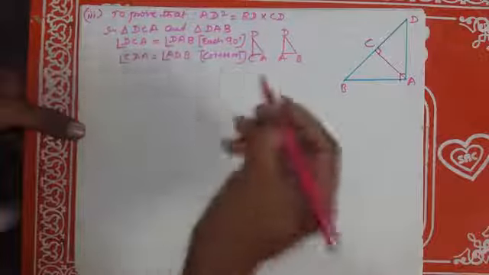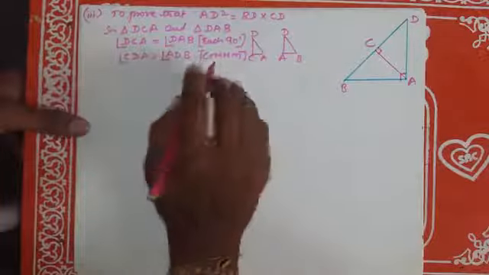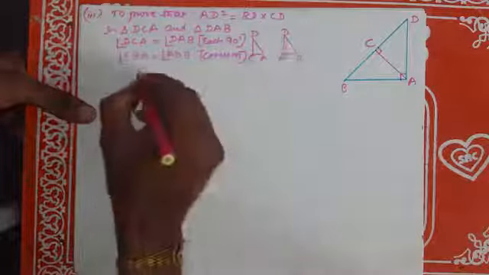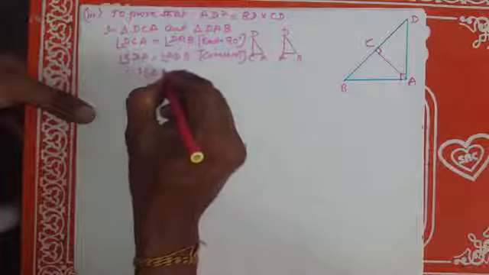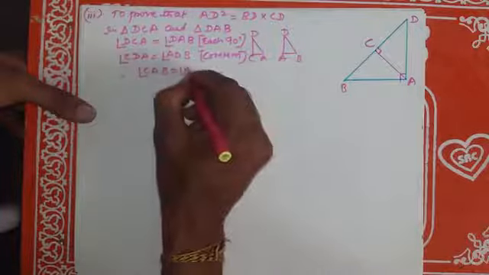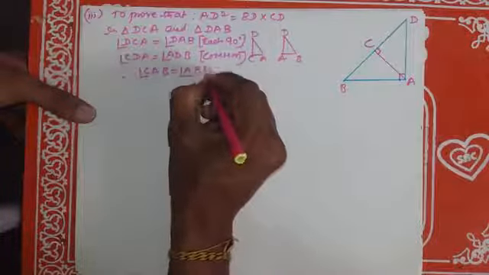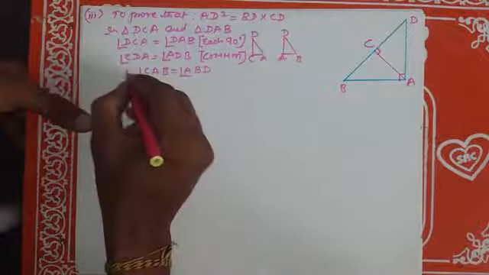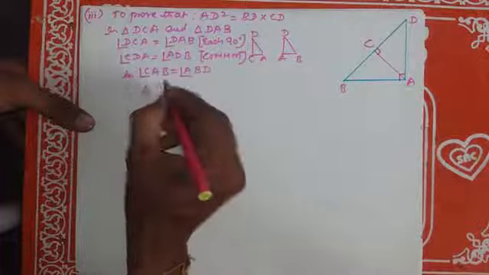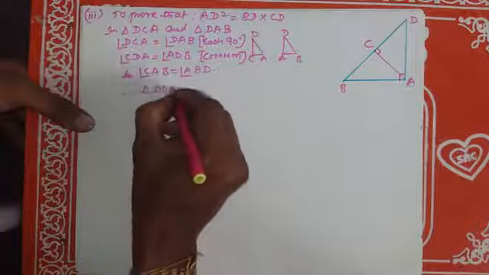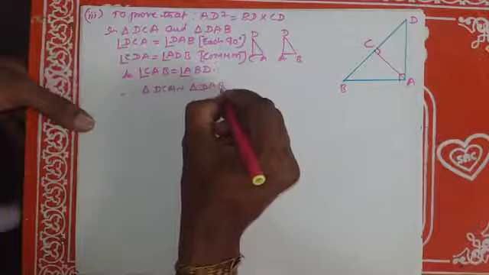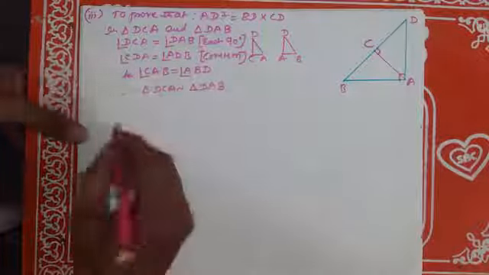Therefore, the remaining angle, angle CAD, is equal to angle ABD. Therefore, triangle DCA is similar to triangle DAB.